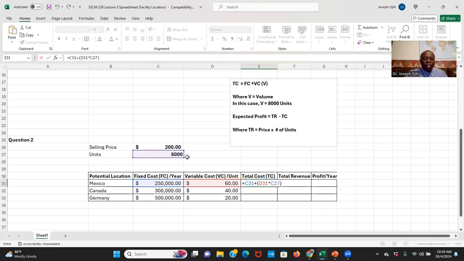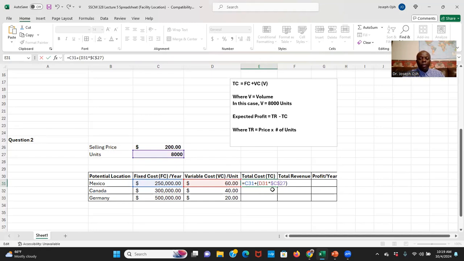Now, to make sure that this 8,000 is applied for the 3 countries, you're going to put a dollar sign in front of the column C and in front of the row number 27. So that it will use 8,000 to multiply the unit cost for all the 3 countries.